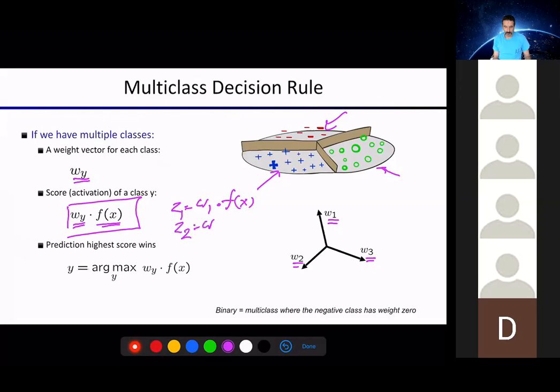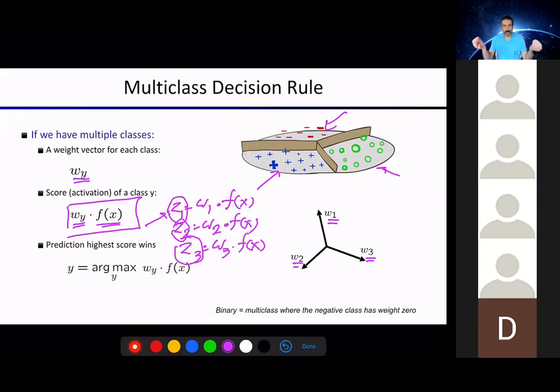Z2, we have W2 f(x), and Z3, we have W3 f(x). Each of these is some value, and then we select the label as the result that has the highest value of the activation, right?